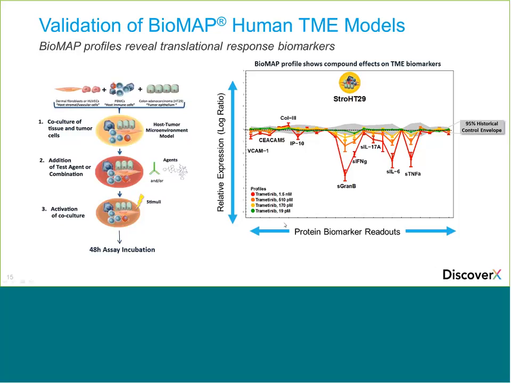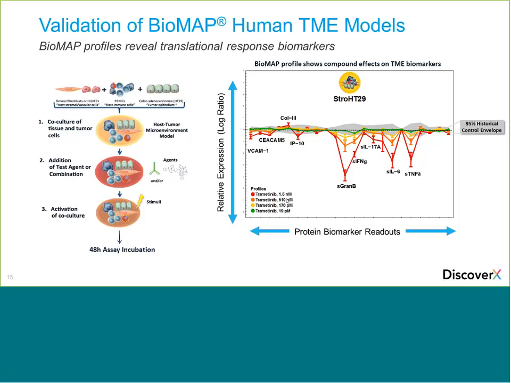Along the x-axis, we mark out the various protein biomarkers that we are reading out in the system, either directly in the co-culture or as soluble forms of that protein in the supernatant. On the y-axis, the data is shown as the relative expression of that biomarker when treated with a particular concentration of the drug, and here we have tested 4 different concentrations, compared to the vehicle control of that drug on that same plate.